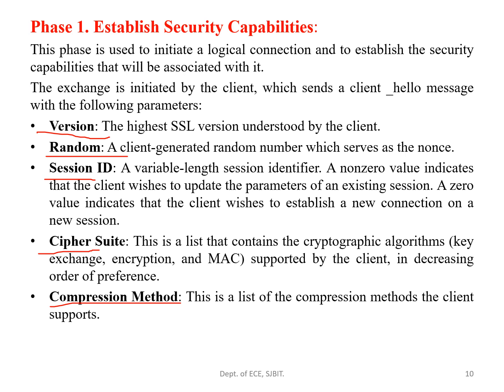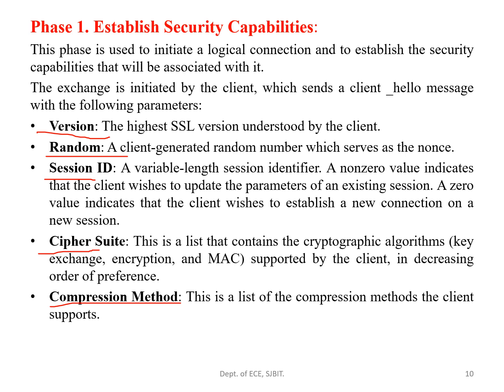Version is the highest SSL version understood by the client. Second one is random, a client-generated random number which serves as a nonce. Session ID, a variable length session identifier.